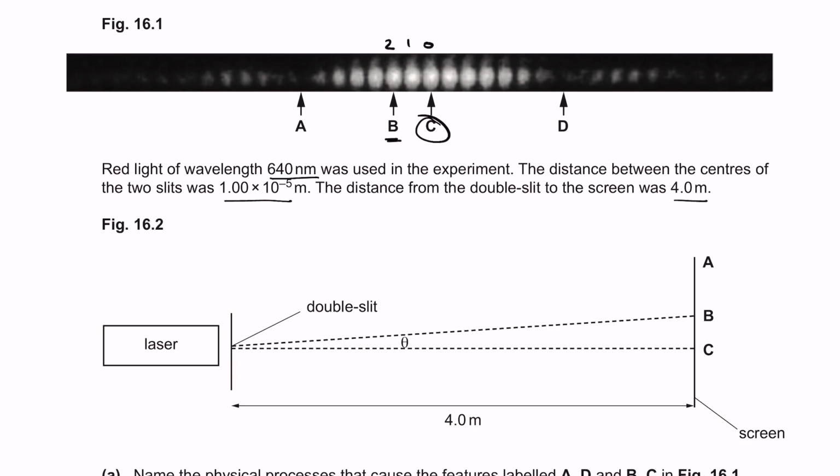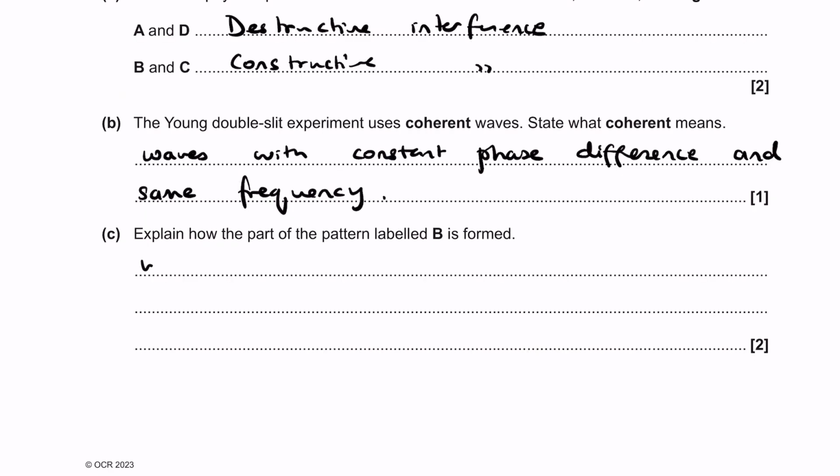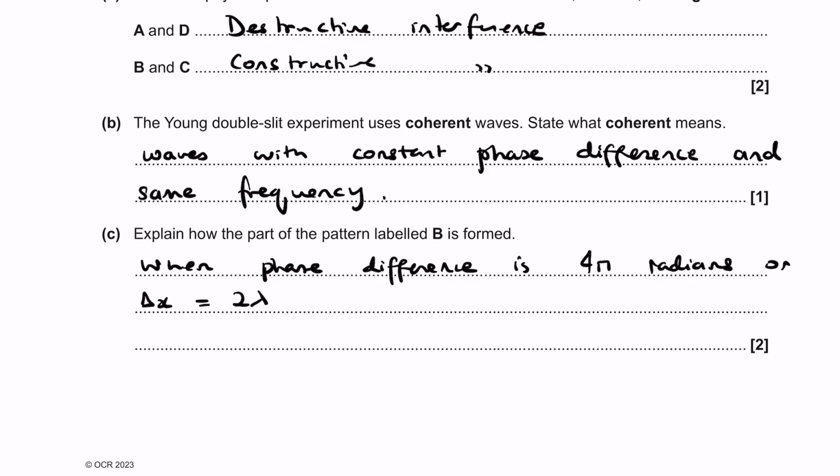Phase difference, whenever you have constructive interference, is always in even multiples of pi, such as 2 pi or 4 pi, etc. And in terms of the path difference, you basically have whole multiples of lambda. So I could either say that when the phase difference is 4 pi radians, or when the path difference is 2 lambda, the waves will arrive in phase and therefore form constructive interference, or rather, a bright fringe.